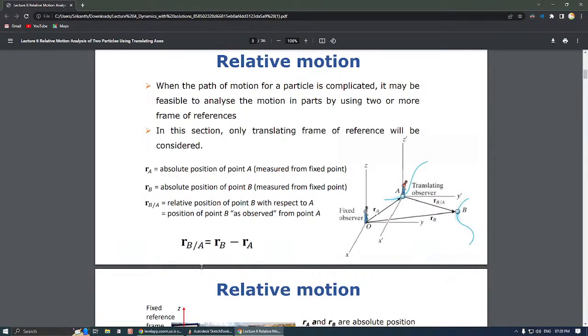Here also B comes first. The order is same, right? And when you see this, you should read it as position of B, and slash means with respect to. Position of B with respect to A is equal to absolute position of B minus absolute position of A.